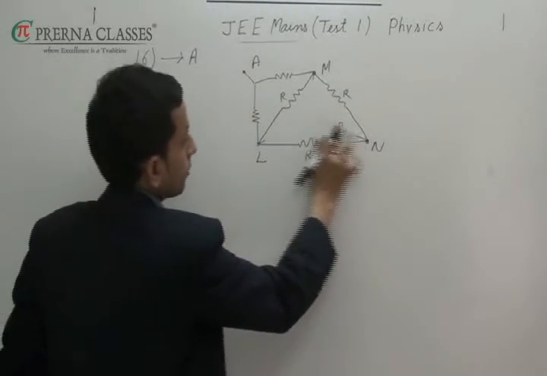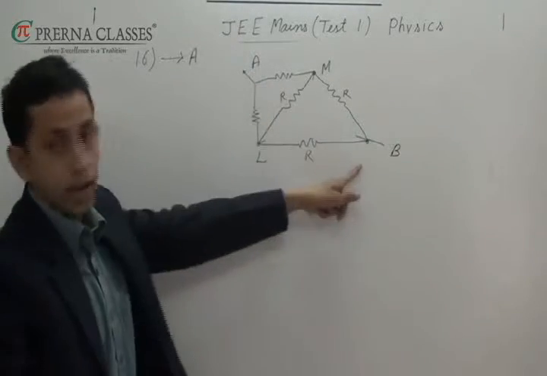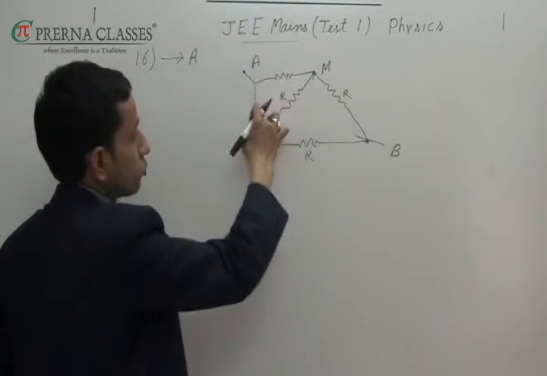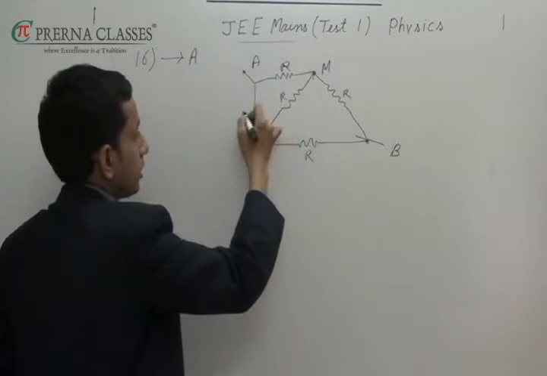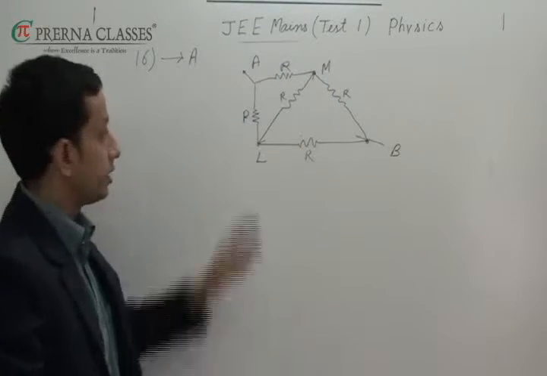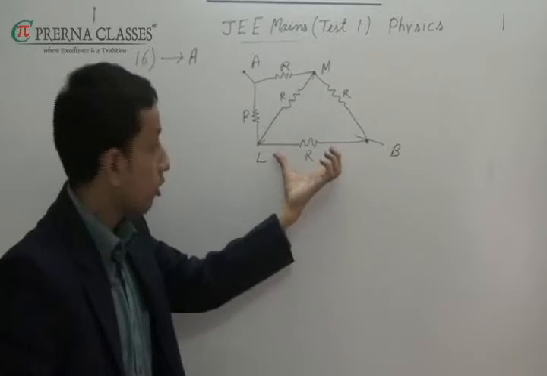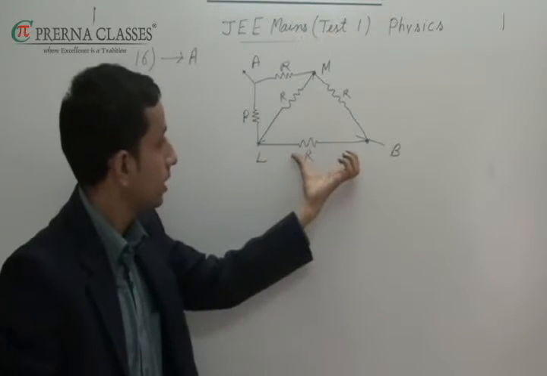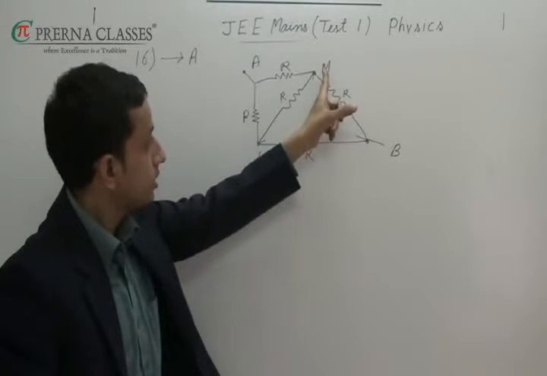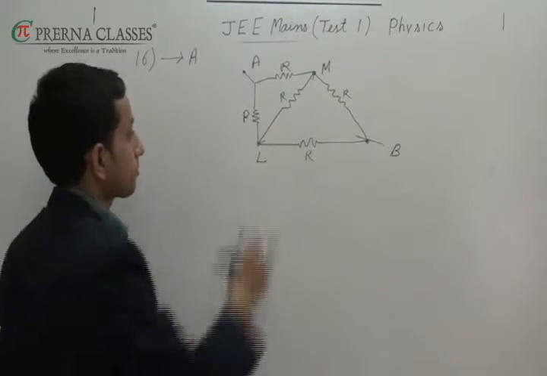Now we can see that between point A and B, this is forming a Wheatstone bridge, because this resistance is equal to this resistance, the resistance between AM is equal to the resistance between AL, and hence the resistance between LB is the same as the resistance between M and B. So it will form a Wheatstone bridge.